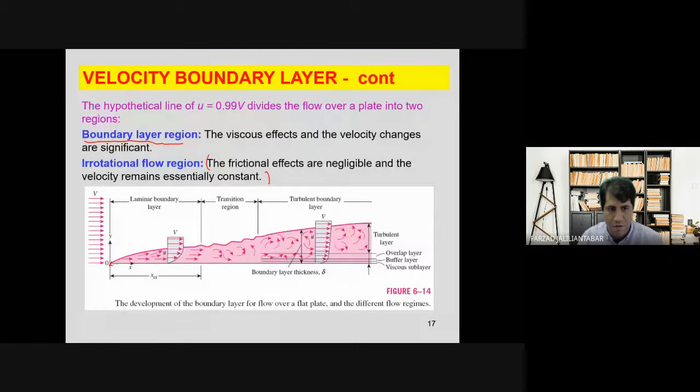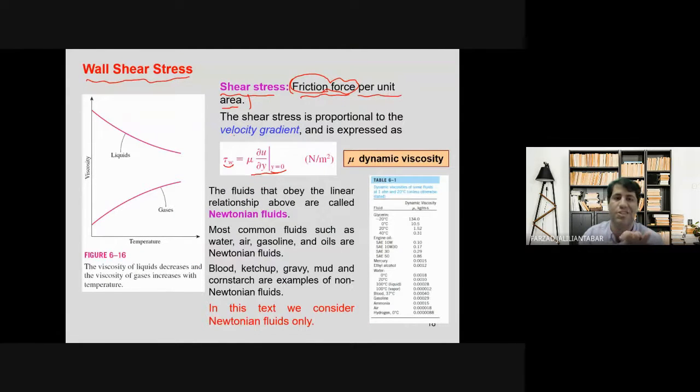So the shear stress will be on that surface, and its value can be calculated by this equation. U is the relative velocity and mu is the dynamic viscosity. This dynamic viscosity is a function of temperature. Like this, you can see how the force is important and how it is related to the heat transfer.